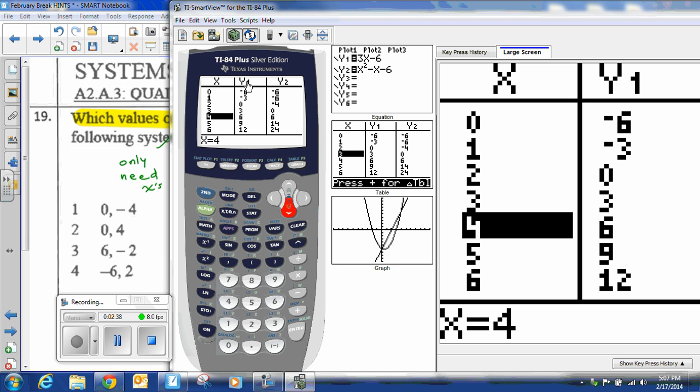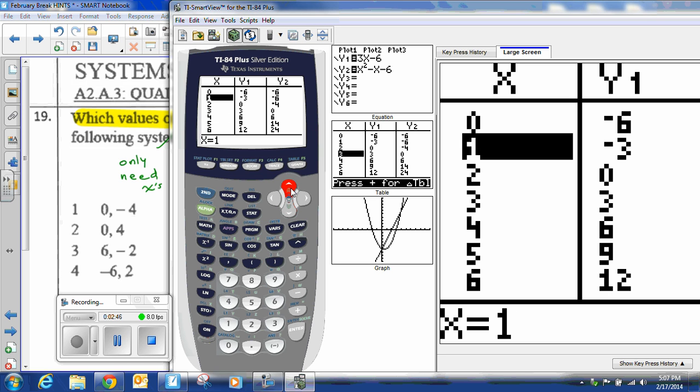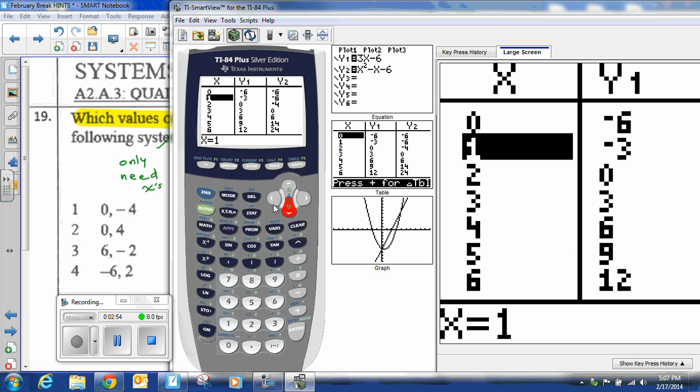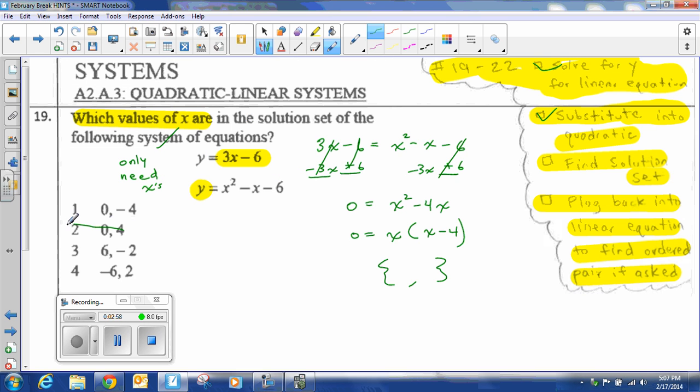As you can see, both y values, y1 and y2, are both equal to 6, where x equals 4. And when we scroll down to x equals 0, y1 and y2 are both equal to negative 6. So the answer to this question is 0 and 4. These are both of the roots where these equations are equal.